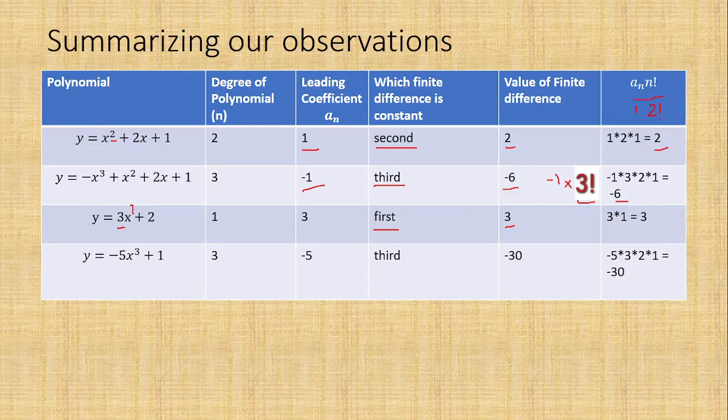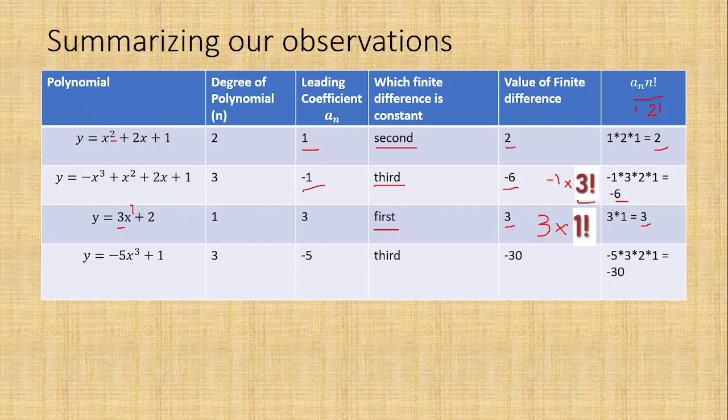So let us just calculate an times n factorial. What is an? An is 3 times, since the degree is 1, 1 factorial. So 1 factorial is equal to 1. So 3 into 1 equals 3. So this is what we get.